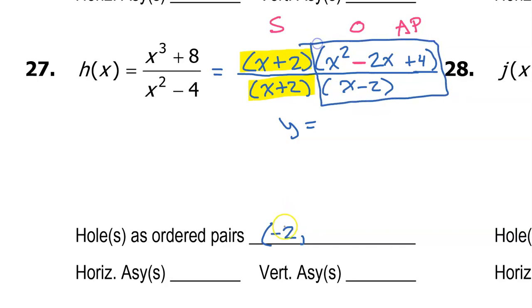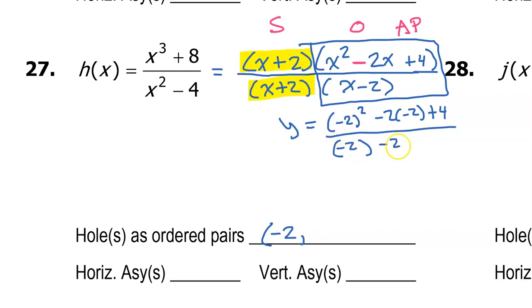So I've got the negative 2, so I'm going to do negative 2 squared minus 2 times negative 2 plus 4 over negative 2 minus 2. All of this will give me the y value.